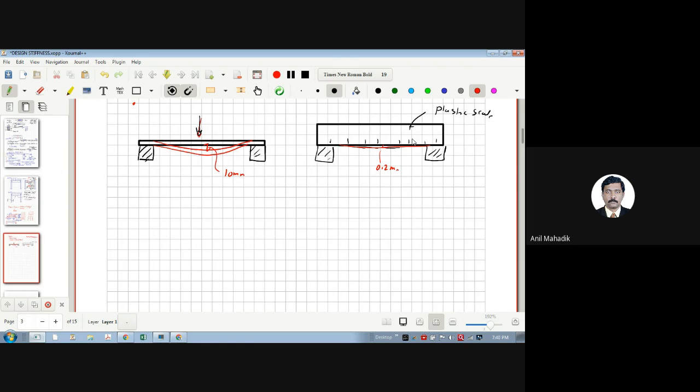The material property is not the real reason. Something more appropriate. Whenever I place the scale like this, the cross section of the scale is like this. This width is there, and the cross section is vertical like this. So there is enough depth in the direction of, we can say, load.